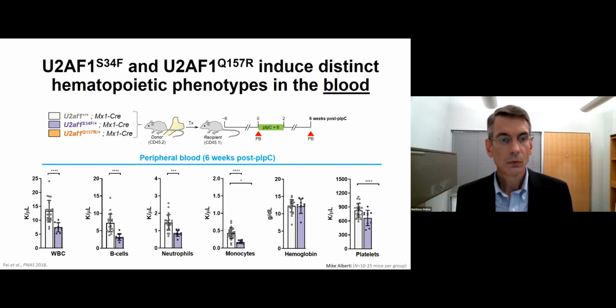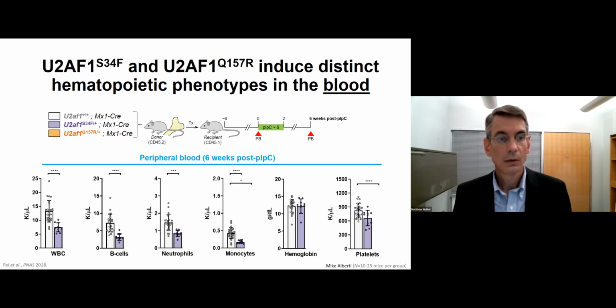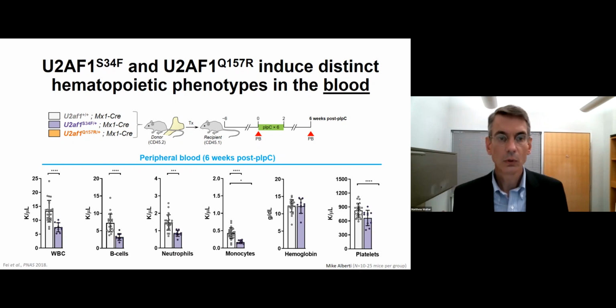To study this, we studied the hematopoietic cell intrinsic effects of the mutations by taking donor bone marrow from one of the 3 genotypes: the control Cre, the S34F Cre mice indicated in purple, and the U2AF1 Q157R heterozygous mice with Mx Cre indicated in orange.